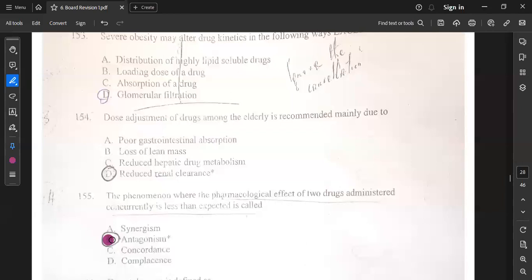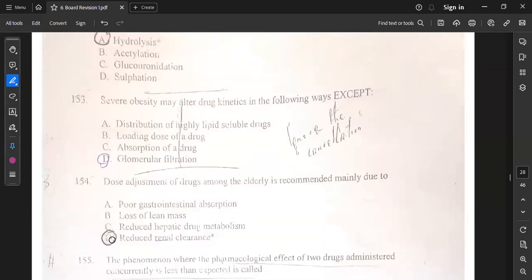Anyone maybe wants to redefine what synergism, concordance, and complacence mean? Or we move to the next. Okay, I'll take that as a yes.